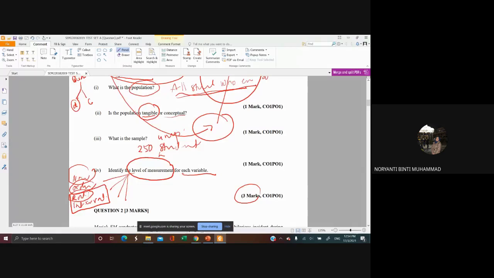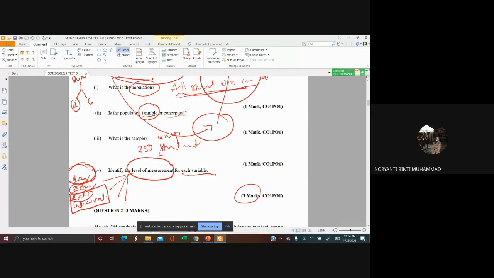When it's not ordered, there's nothing that we can order, so it becomes nominal. Order ni bila you ada level-level. Level 1, level 2, level 3. For example, your education level. We have UPSR, PMR, ni during my time lah. Yours mungkin dah different.